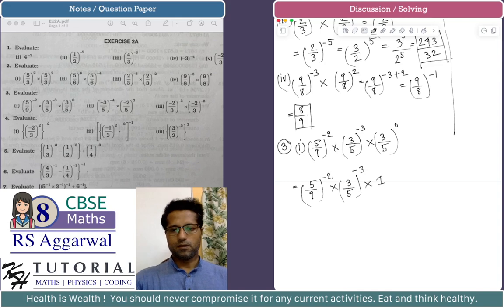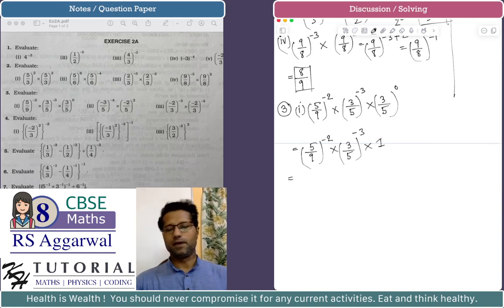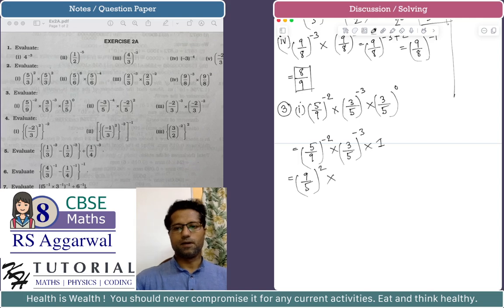Now (5/9) raised to the power minus 2, the power is negative. So it will be the reciprocal of 5/9, that is (9/5) raised to the power 2, multiplied by (3/5) raised to the power minus 3, the index is negative. So it will be the reciprocal of 3/5, that is (5/3) raised to the power 3.